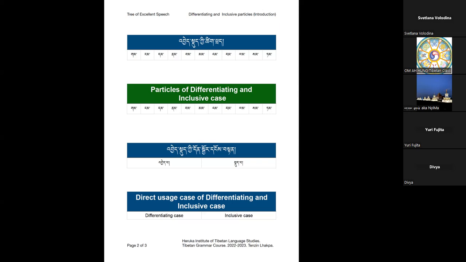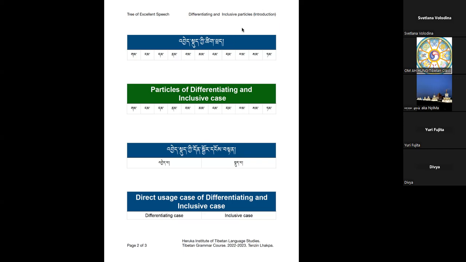But we will discuss them in more detail during the discussion on this particular usage case of the differentiating and inclusive case. So here we must understand that there are two direct usage cases, which are differentiating case and inclusive case.